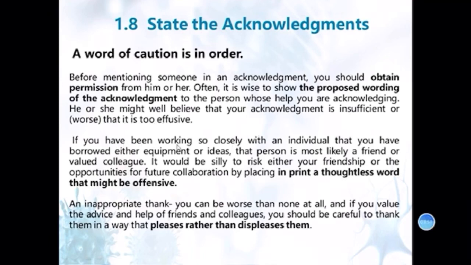If you have been working so closely with an individual that you have borrowed either equipment or ideas, that person is most likely a friend or valued colleague. It would be silly to risk either your friendship or the opportunities for future collaboration by placing in print a thoughtless word that might be offensive.